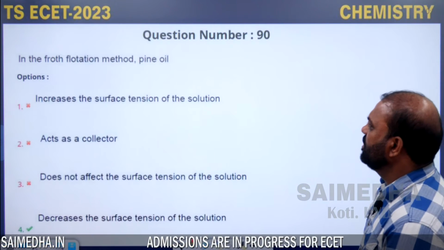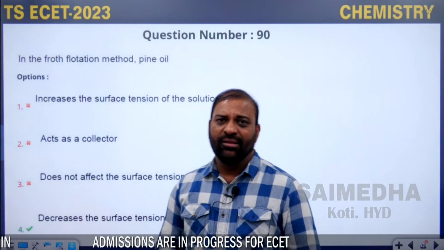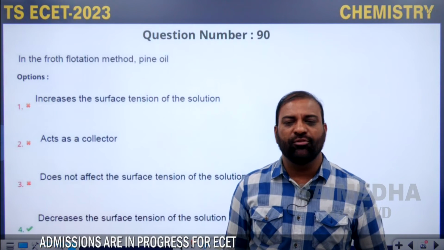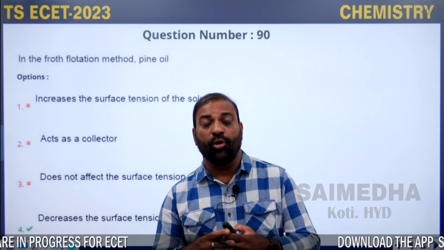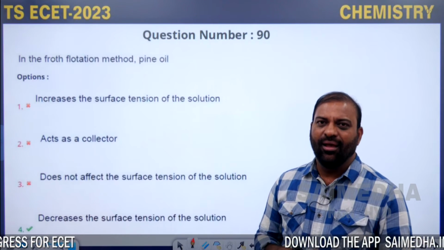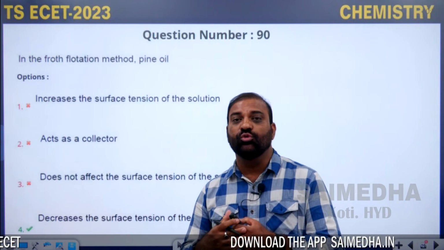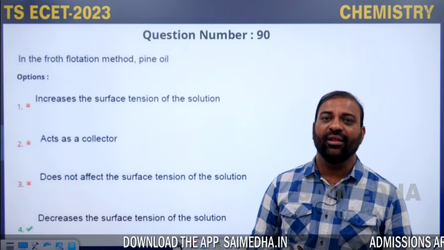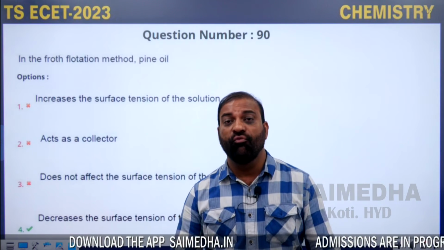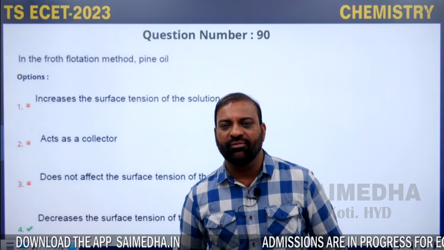In the froth flotation method, for what purpose do you use pine oil? Pine oil is used to improve the properties of the minerals. Pine oil improves the wetting properties of the minerals so that they will get wet very quickly, so that the foam will be formed quickly.